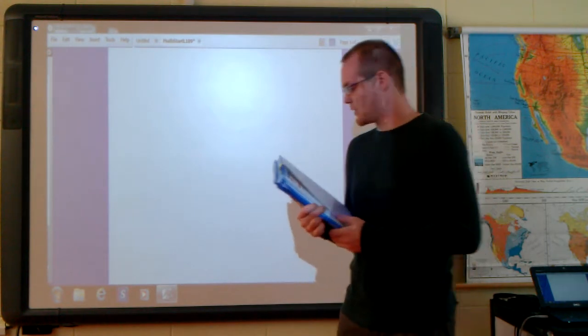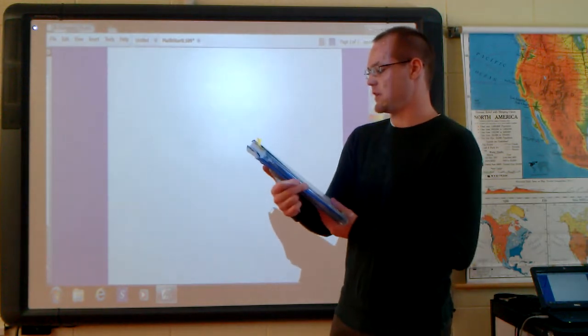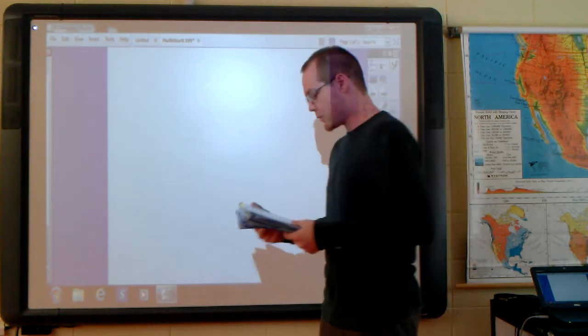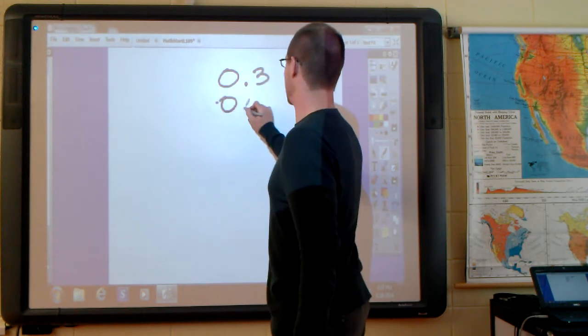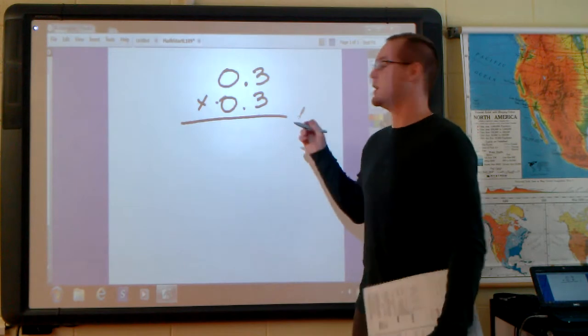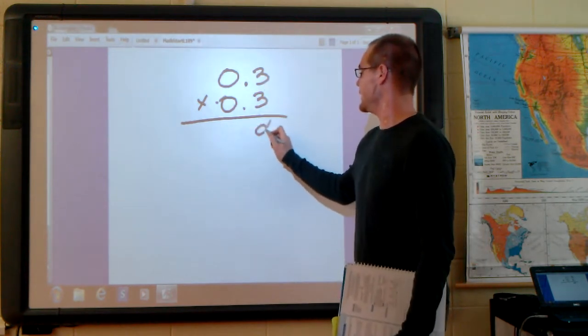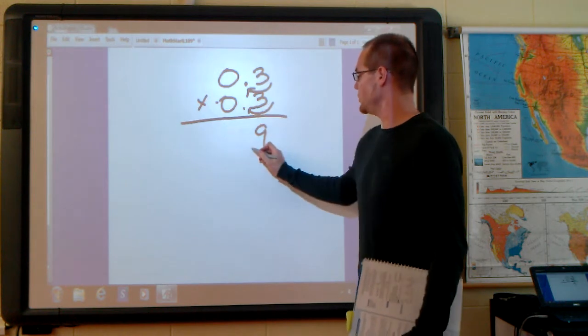Okay. Sometimes there are more decimal places in the factors than there are digits in the product. Look at this problem for example. They show 0 and 3/10 multiplied by 0 and 3/10. Yesterday none of the problems, 3 times 3 is 9, had 2 decimal places.